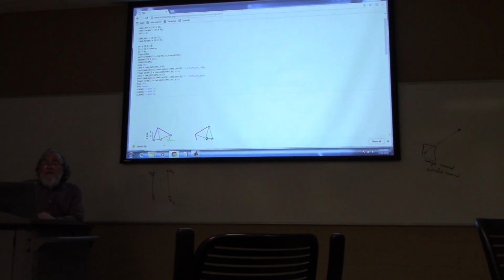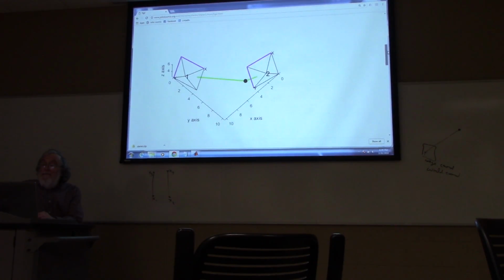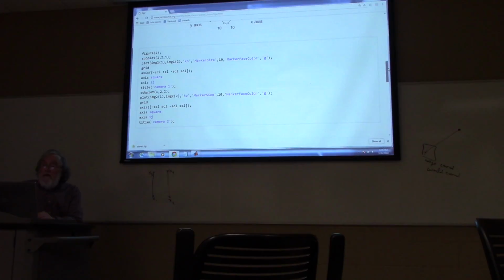So here's the, whoops, let me make this bigger. Here's the actual position of the point, 4, 8, 3 for this script. Okay? And then we busily calculate where it hits the camera position.